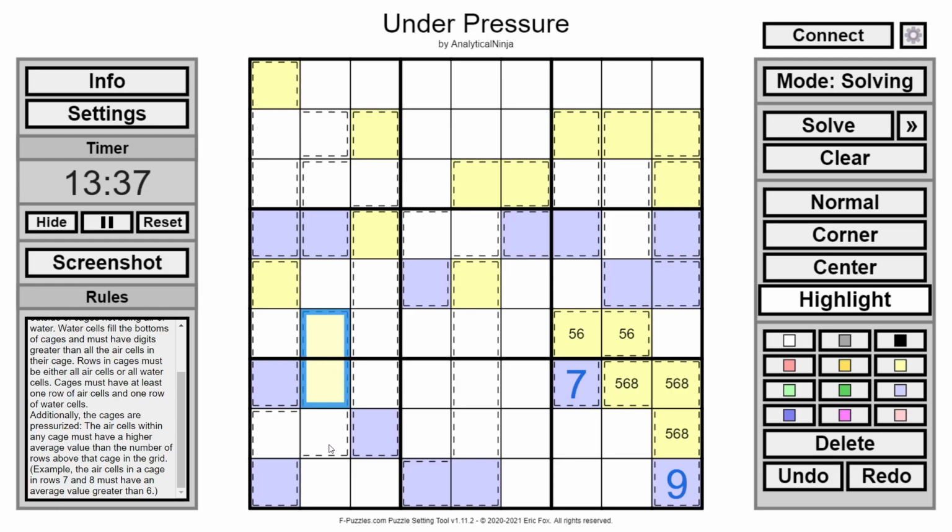So now we could do 5, 6, 7, 8, 9, and that would work. But I think we could also do, like, this could be air or water. I don't think we necessarily know. Oh! Okay, maybe this is where this 9 comes into play.